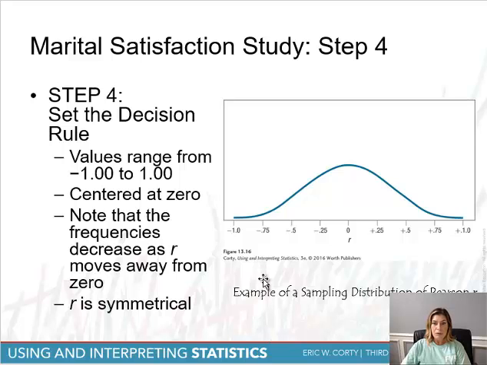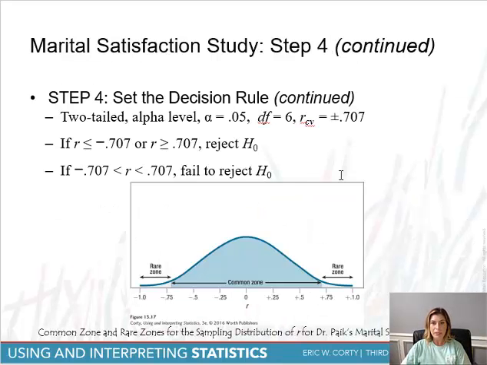So how do we define what the magic number of R is that's going to determine whether we reject the null or not? Well, we are going to always do a two-tailed test because it's non-directional, and we need to decide what our alpha level is going to be, and we're going to set it to 0.05 because that's typically what we set it at, and then we have to identify our degrees of freedom.